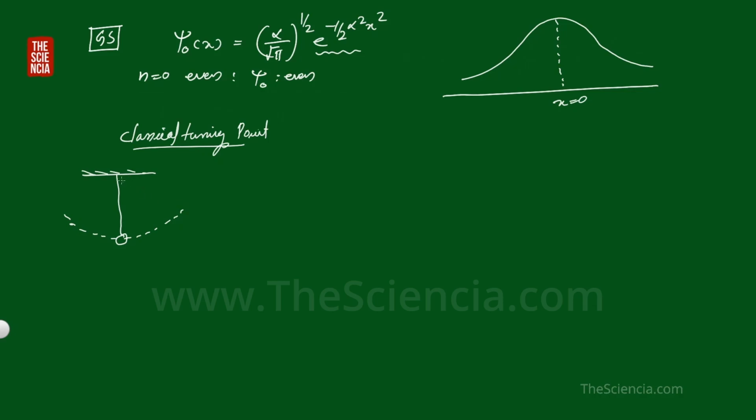If this bob reaches this location, up to this position it goes in this direction, but at this point it will come back. So that point is called the turning point, the point from where it is changing its direction of motion.